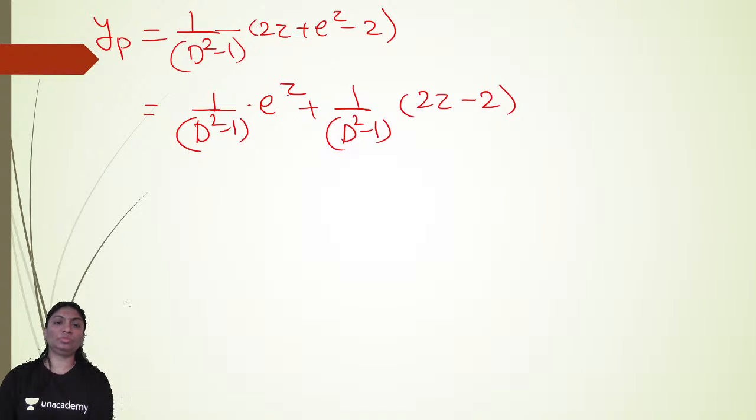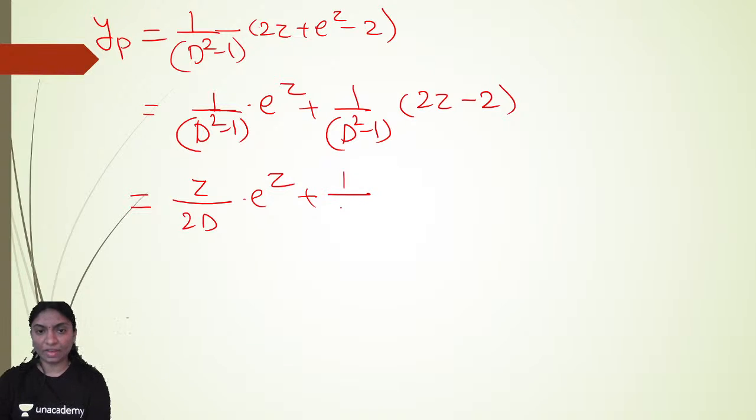So here e raised to z over e raised to z, so we can use the rule 1, e raised to ax. Here a is equal to 1. If I put a is equal to 1, this will become 0. So instead of that, we will do z upon f dash of d into e raised to z, that is z upon 2d into e raised to z. Plus here 1 upon d square minus 1 into 2z minus 2.